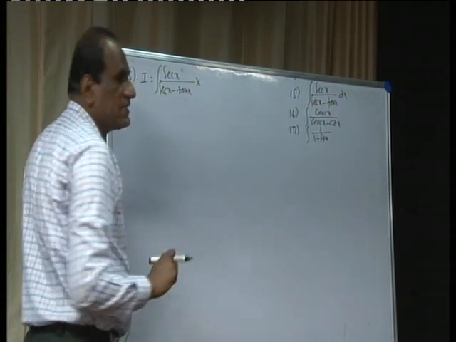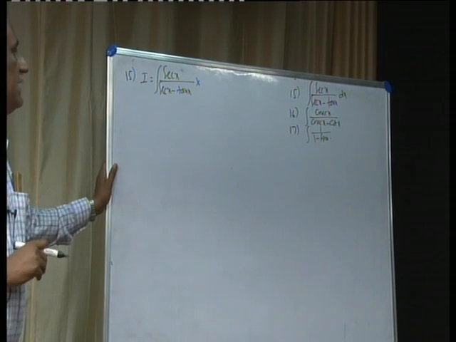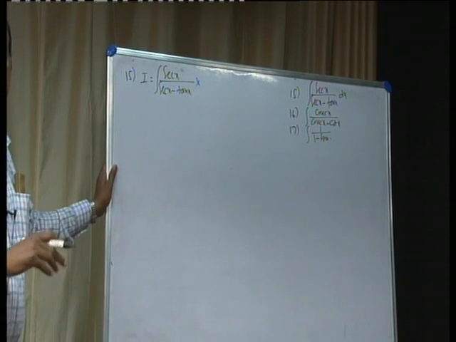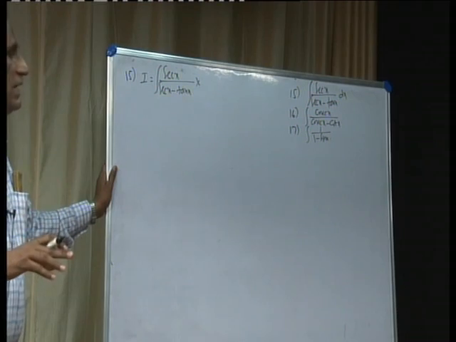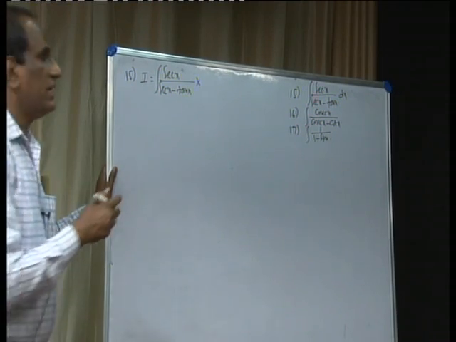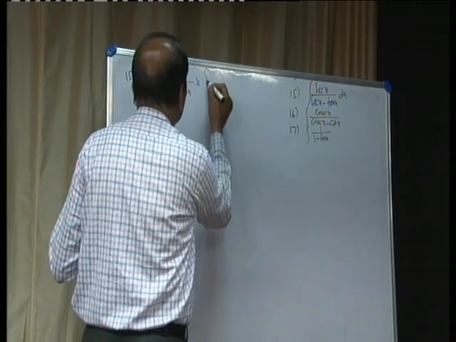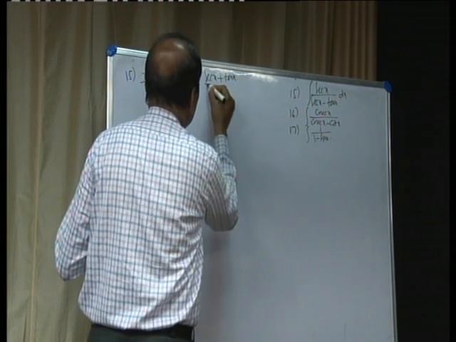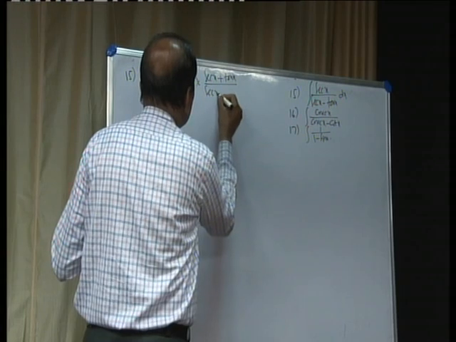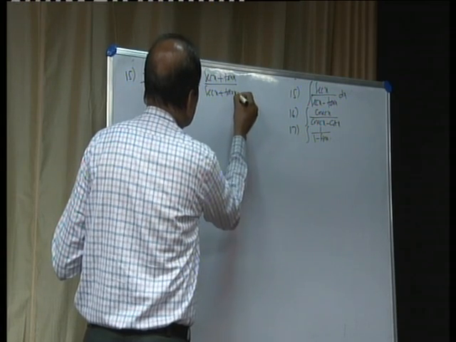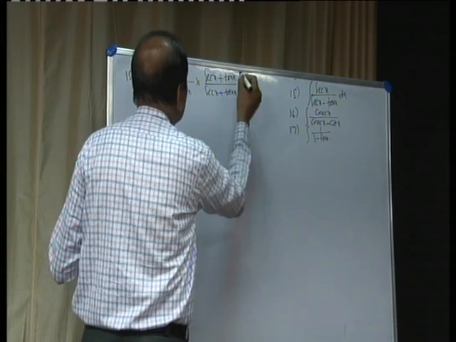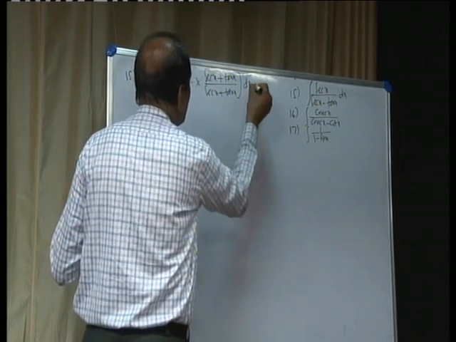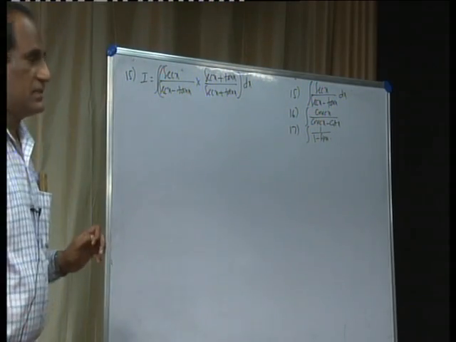Secant x minus tan x, its conjugate is secant x plus tan x. Therefore multiply numerator and denominator by secant x plus tan x, then write the variable of integration dx.